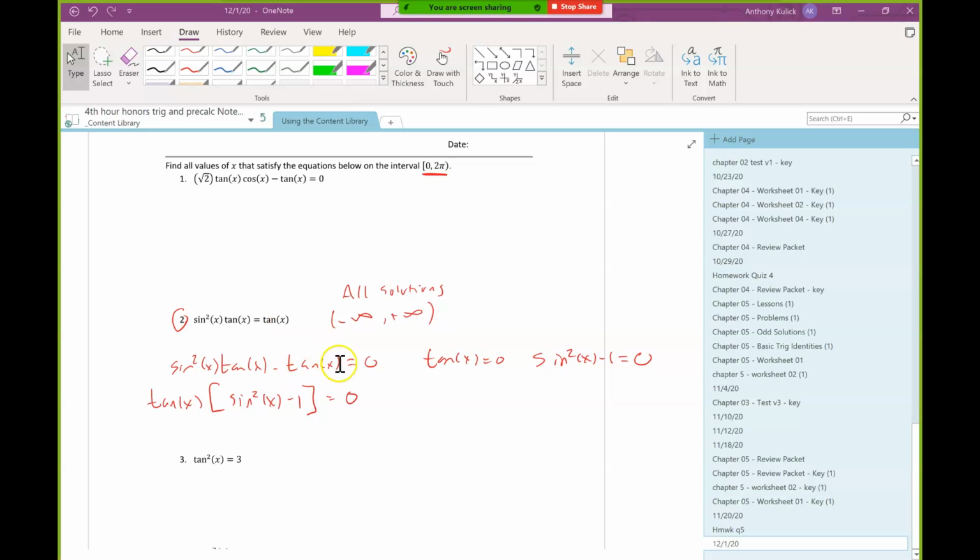So I subtracted the tangent x from both sides to get everything on one side. And then I factored out a tangent because each of these terms has a factor of tangent in it. And now that it's in a factored form, I can apply the zero product property and take each of the factors and set them equal to 0 and solve them separately.